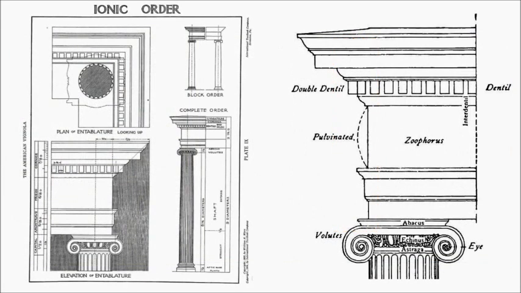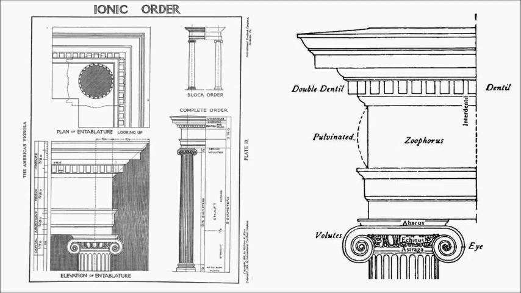A couple things to be aware of as we move forward and draw the Ionic Entablature. First off, the Ionic Order, as we've noted in past videos, is unique in that the column capital has these spiral volutes.